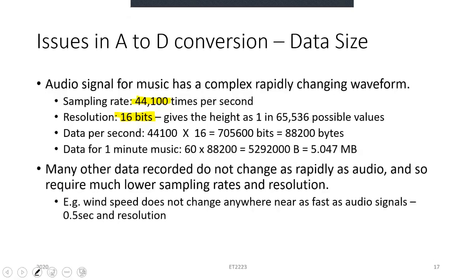So for encoding, we will have 65,000 possible values, so quantization states. And then for each second, we will produce this number of bits and bytes. So per minute, it is going to be 5 megabytes of audio. This is uncompressed audio, like a WAV file, for example.